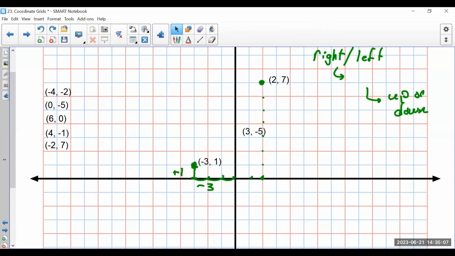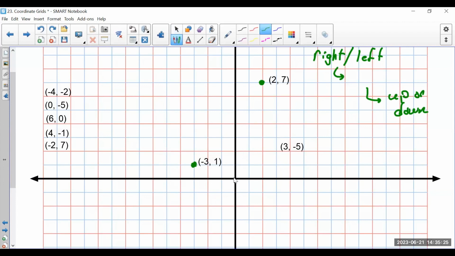Okay. Let's take a look at 3, -5. Again, pause. Figure out where it's going to go. I'll stall for a little bit of time here. There we go. Okay, 3, -5. So you're starting at the origin point. You're going 3 to the positive side.